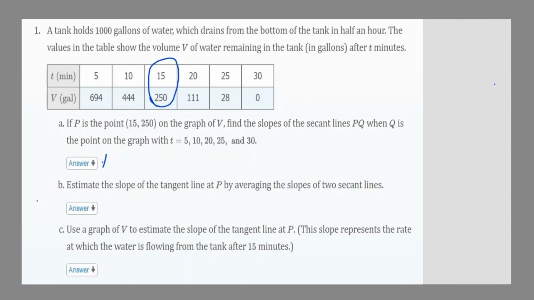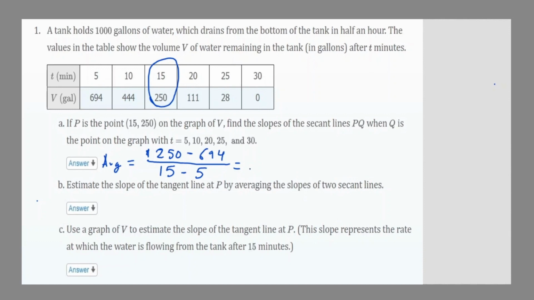So let's use the equation from the beginning, the average rate of change equation, or rather the slope equation. So in order to find the slope from 5 minutes to 15 minutes, let's do 250 gallons, because that's how much was left at 15 minutes, minus 694. That was at 5 minutes, and then on the bottom we would do 15 minus 5.